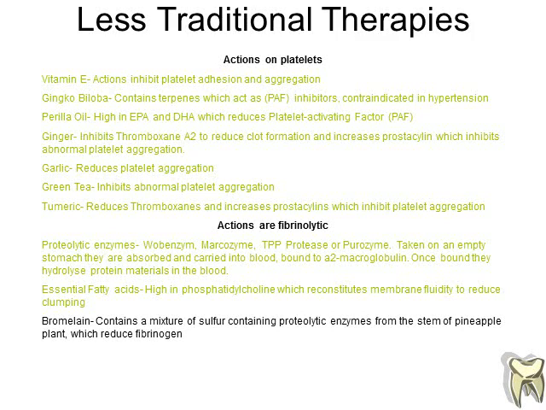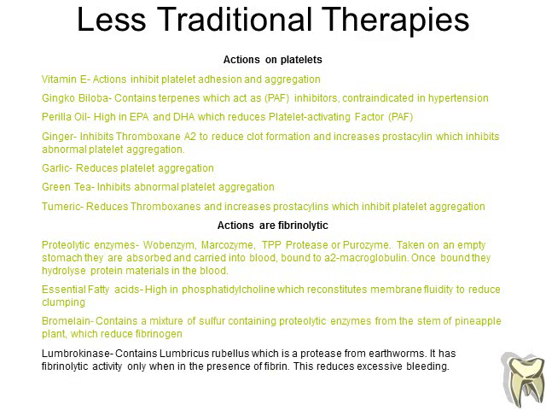Bromelain contains a mixture of sulfur-containing proteolytic enzymes from the stem of a pineapple plant, which reduces the fibrinogen. Or lumbrokinase, containing Lumbricus rubellus, which is a protease from earthworms. It has a fibrinolytic activity only when in the presence of fibrin, and it reduces excessive bleeding.